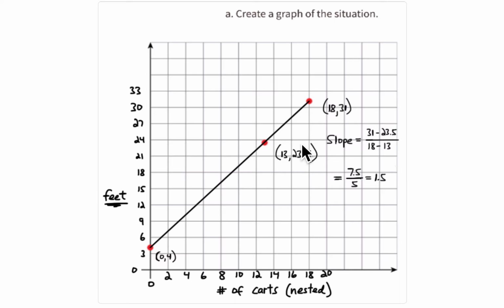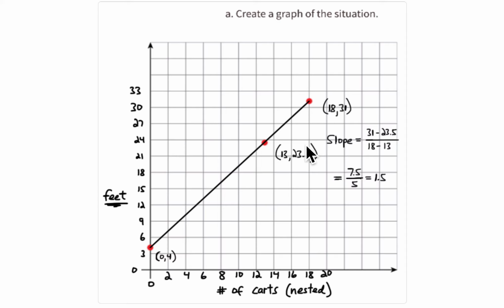All right, so the slope. Again, you could draw the slope triangle if you want from this point to 18 on the x-axis, and then 18 to 31. So the change along the y-axis is 31 minus 23.5. So how much is this changing along the y-axis? It's changing 7.5 feet.